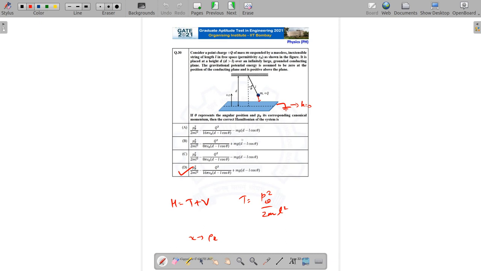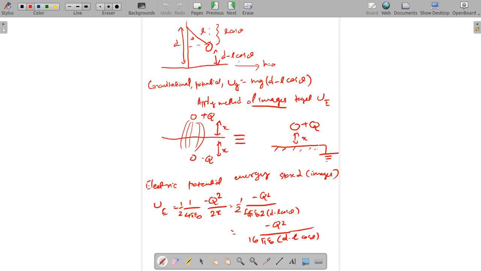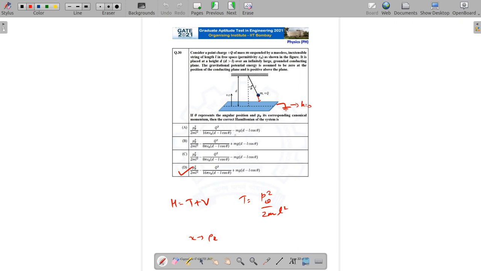Okay, so one thing to note: since zero is defined at the position of the infinite conducting plane, this is the infinitely conducting grounded plane, and height increases from here. So your potential energy increases as you go upward, right? So in that sense the minus sign will not happen.